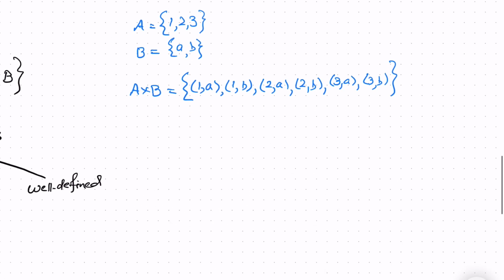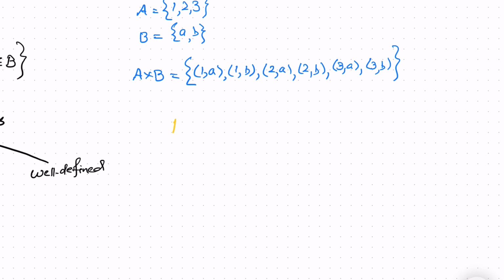Now it says that any subset of this Cartesian product is called a relation. Now we are going backwards. Got the basics. We are moving backward, trying to understand the concept. So for example, I have a relation R, which is equal to 1a and 1b.